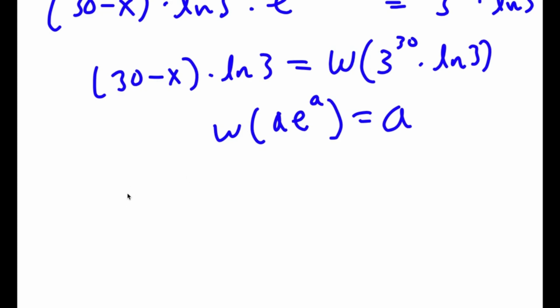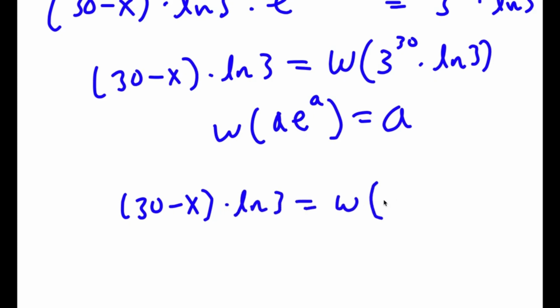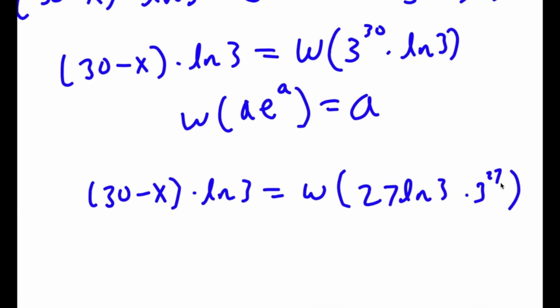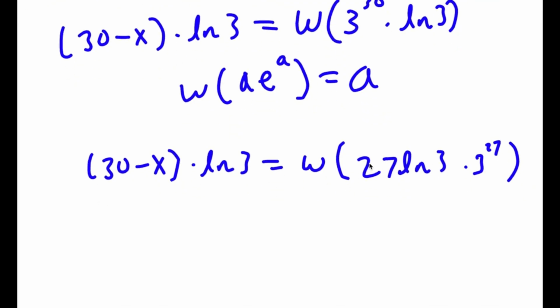So to do that, I'm going to change this to (30 minus x) times ln 3 is equal to the Lambert W function of 27 ln 3 times 3 to the power of 27. So I simply took off 3 to the power of 3 from 3 to the power of 30.